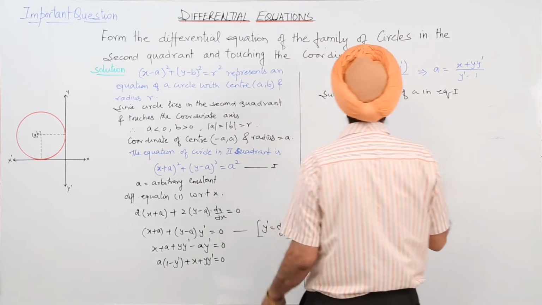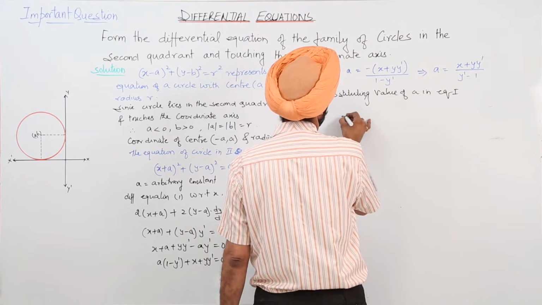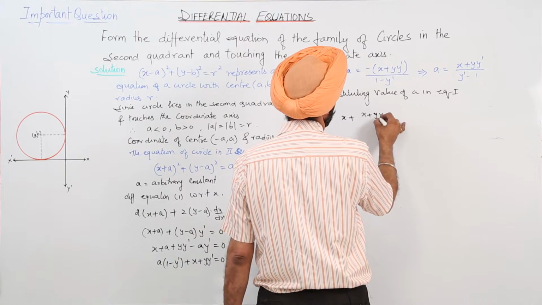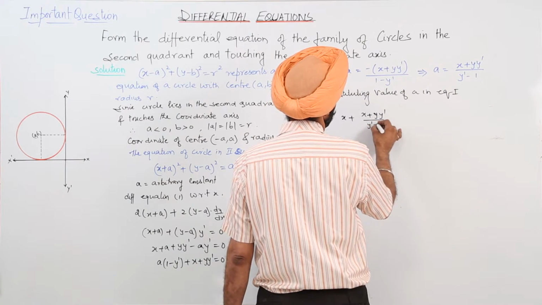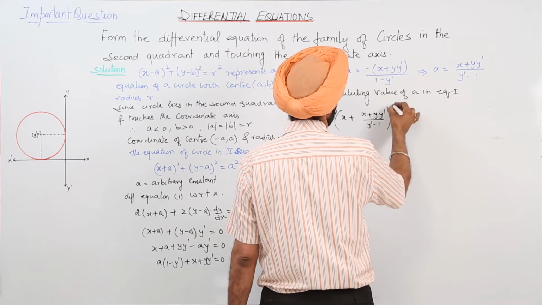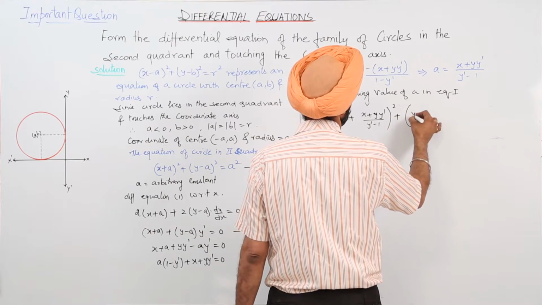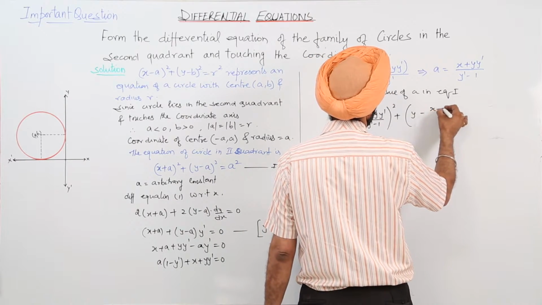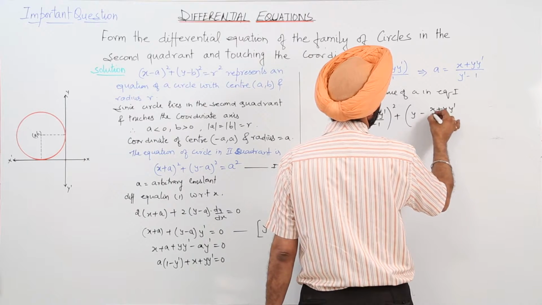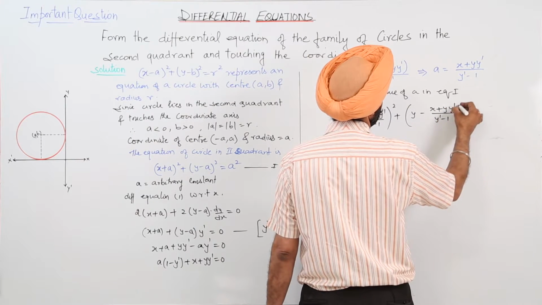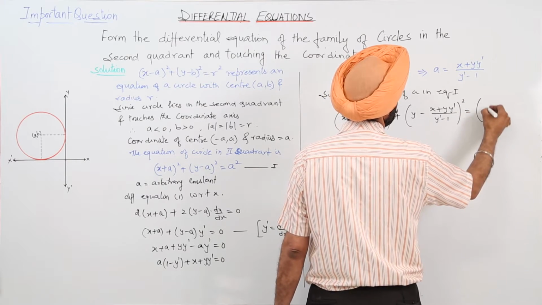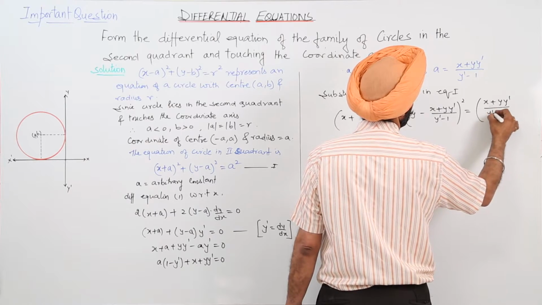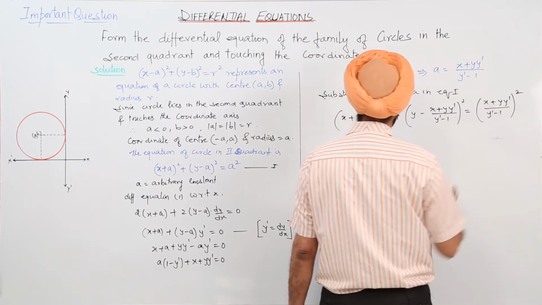Now this is equation 1, so we are having (x plus (x plus y y') upon (y' minus 1)) whole square plus (y minus (x plus y y') upon (y' minus 1)) whole square is equal to ((x plus y y') upon (y' minus 1)) whole square.